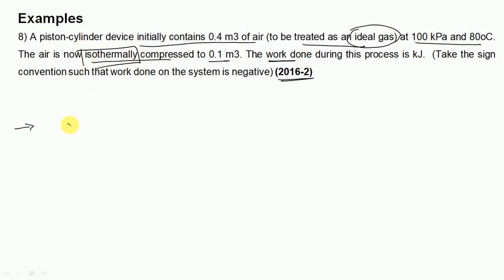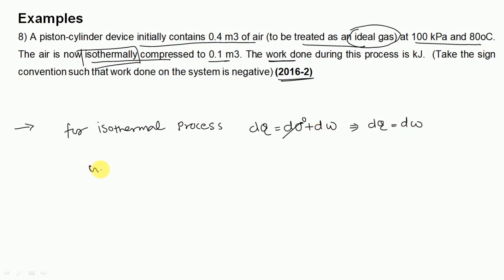For an isothermal process, dQ equals dU plus dW, but here dU becomes 0, so dQ equals dW. If we integrate the work equation, we get P1 V1 ln V2 by V1. We already derived this expression in the previous slide; you can refer to it.